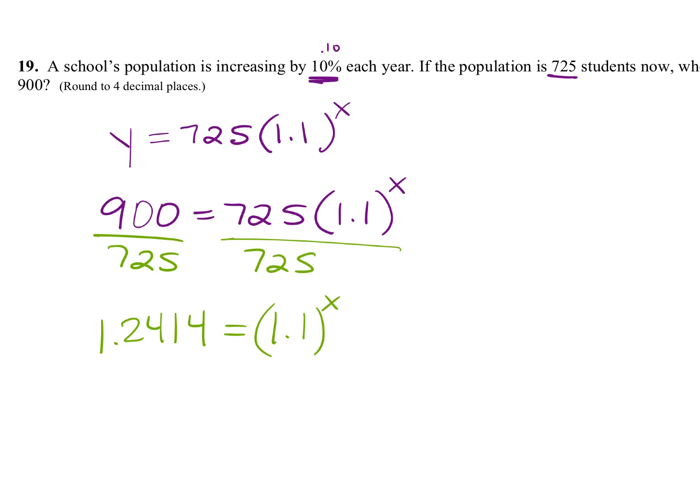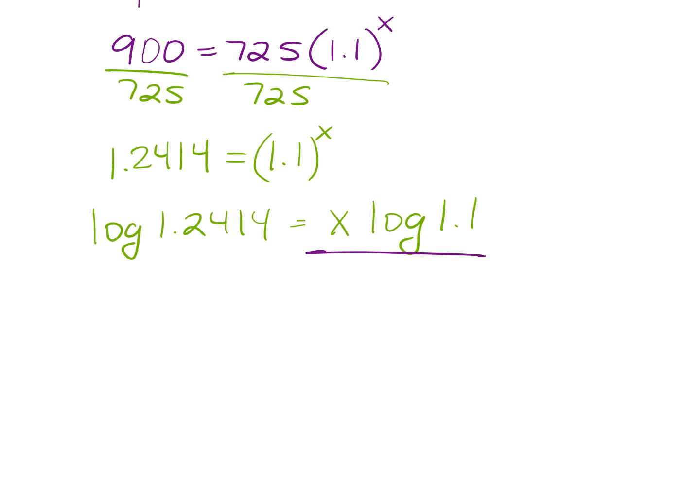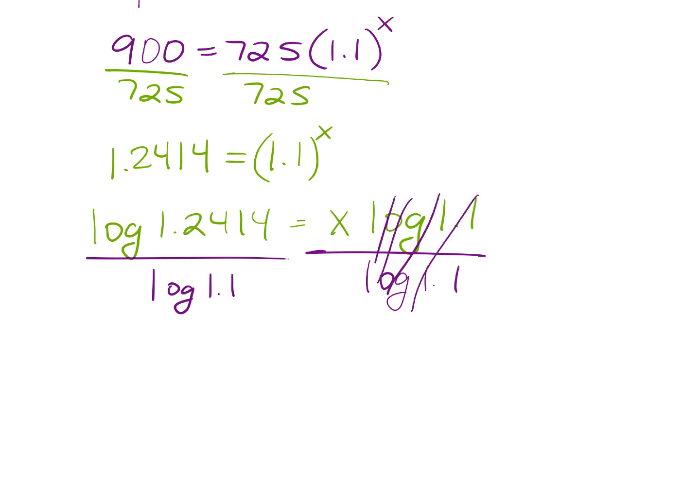What do you do to get that exponent out of the exponent? Take the log. So we're going to take log 1.2414 equals, I'm going to put the x out in front right away, x times log 1.1. And then what? Divide by log 1.1. So still you could do the guess and check, but I think this is easier and you get a more precise answer.